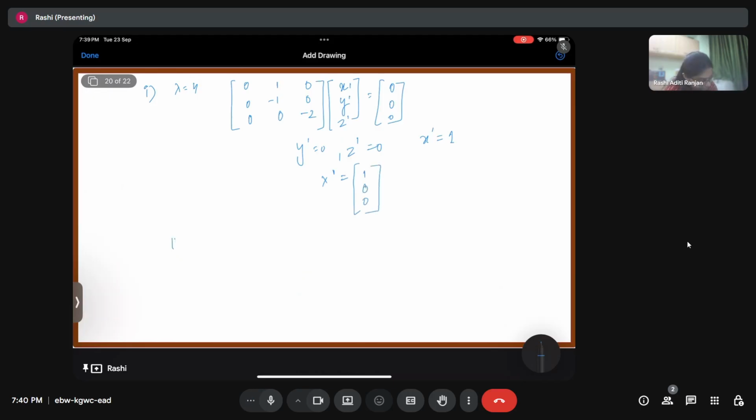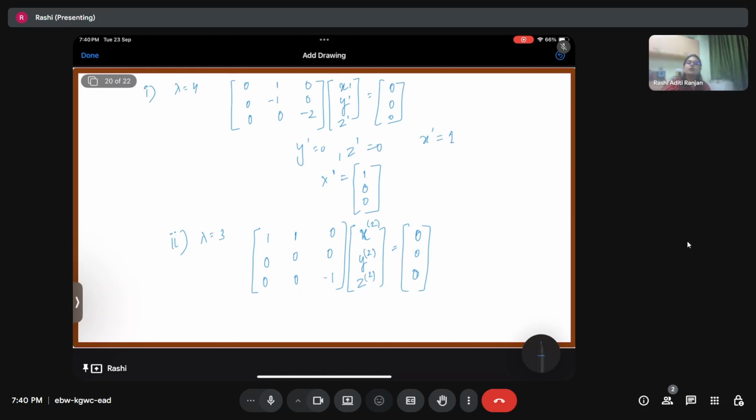Second set, for lambda 3, we have 4 minus 3 is 1, 1, 0, 0, 0, 0, 0, 0, minus 1, equal to 0, 0, 0. Okay, this is not x square, it is x2. Maybe I should write it like this, it will be clearer.